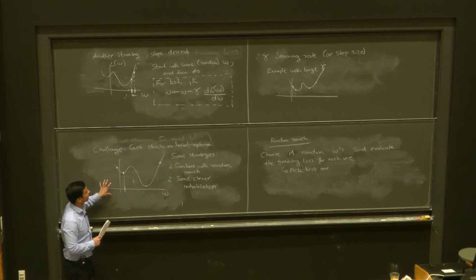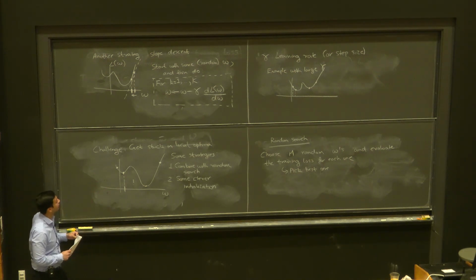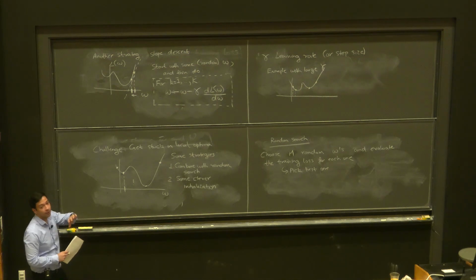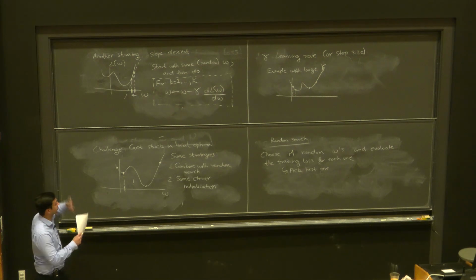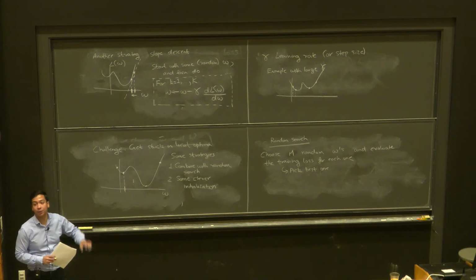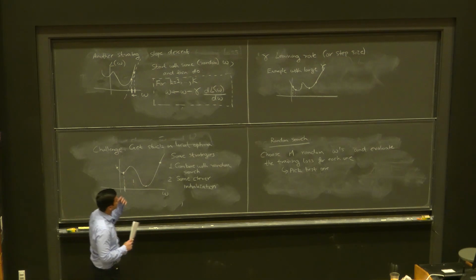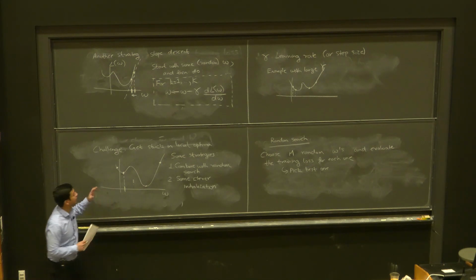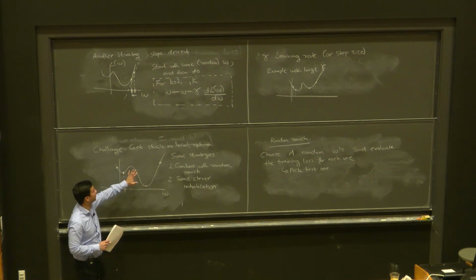It turns out, one of the really amazing things about deep learning, when we talk about multi-layer networks, or really, really large networks, not in the case we're looking at right now with a single layer, is that for really large neural networks, this is not that much of a challenge in practice.